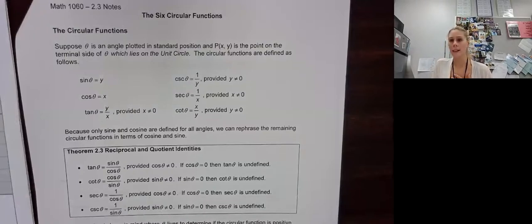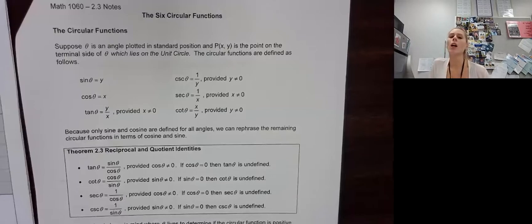Cosine of theta is x, and we did that last time a lot with our right triangle trig and filling out that unit circle. Then we have tangent of theta. Well, tangent of theta is sine over cosine, and if sine is y, cosine is x, that's where you got tangent of theta being y over x, provided that x is not 0.